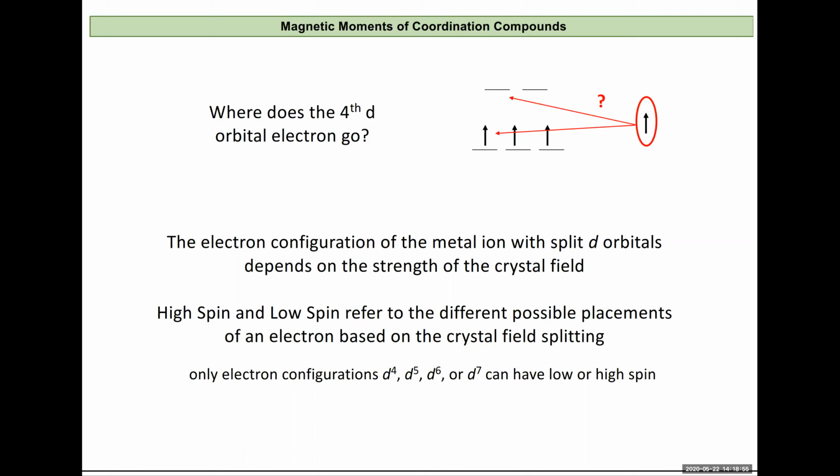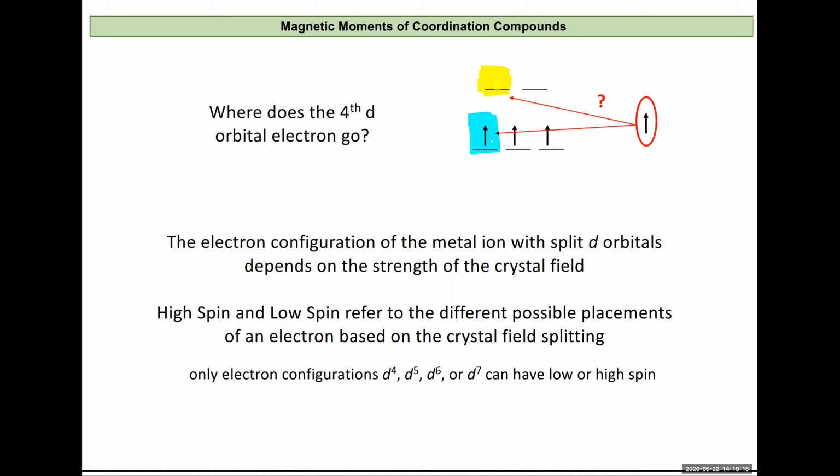Where do you put it? Do you put it in the lower energy level here and pair it up with the first electron placed? Or is it placed at the higher energy level, first populating all of our d orbitals with one electron before starting to pair them up?